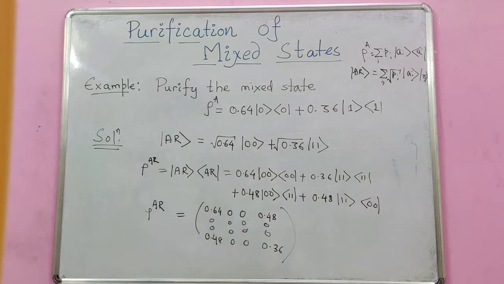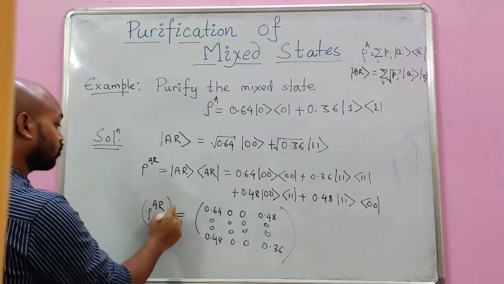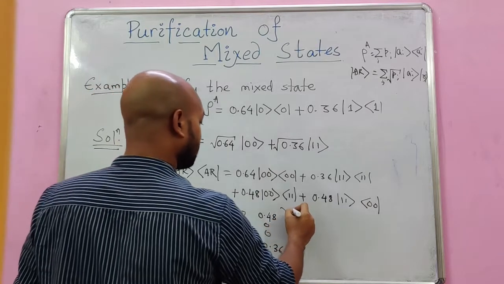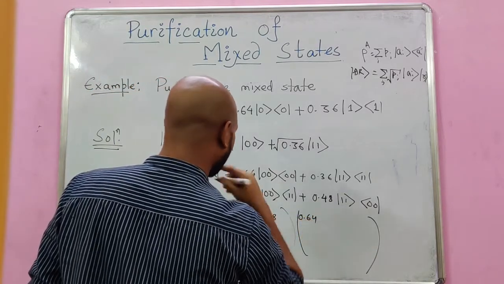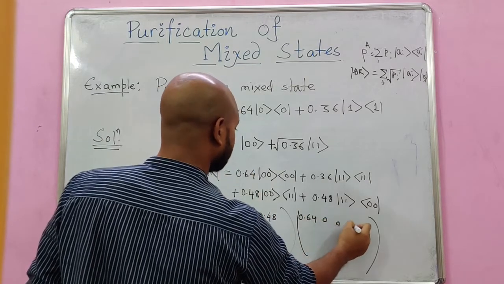Alright, what's next? We have to calculate the rho square of it, right? So we have to square it. The square of it would be its multiplication with itself.